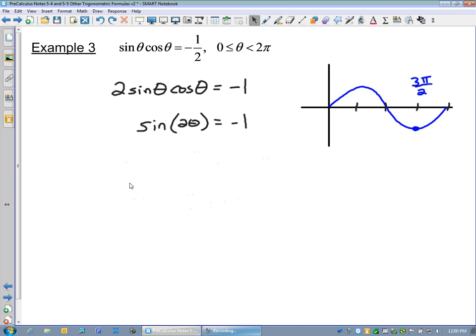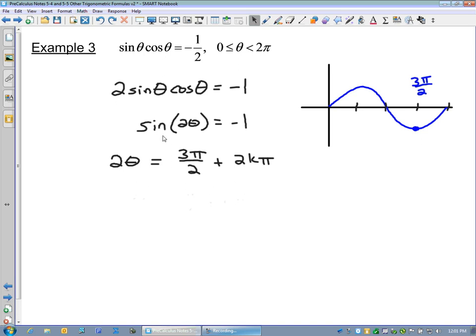So for our general solution, the format is the argument is equal to the angle plus the periodicity. Notice how the argument here is just what you're taking the sine of. The angle is the one that satisfies this equation. And then the periodicity depends upon the function.